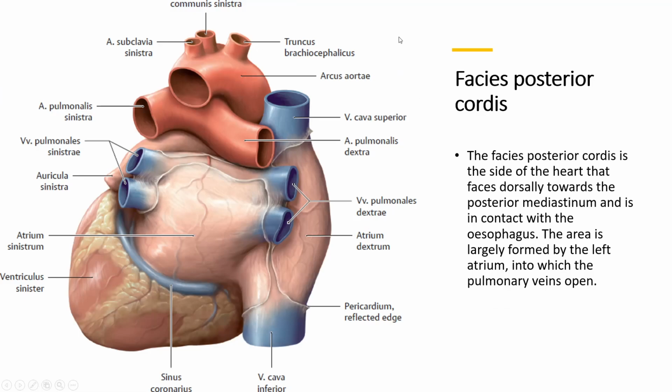Facies posterior cordis. The facies posterior cordis is the side of the heart that faces dorsally towards the posterior mediastinum and is in contact with the esophagus. The area is largely formed by the left atrium, into which the pulmonary veins open. So also, like we repeated already, the base.